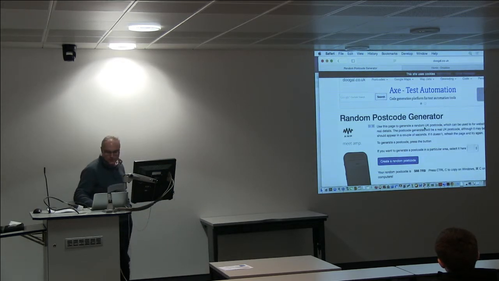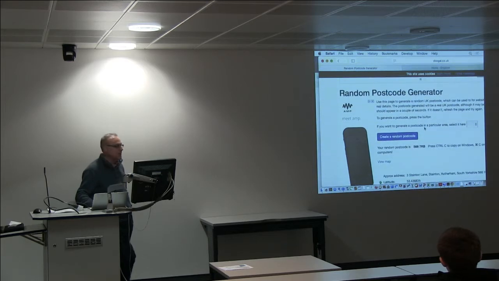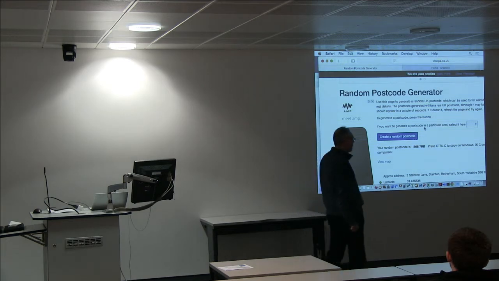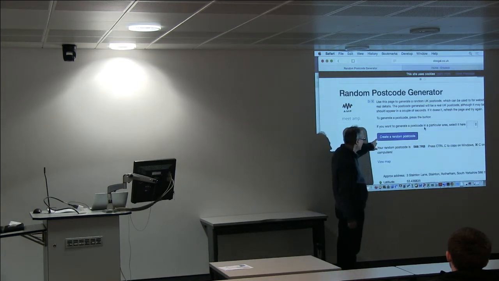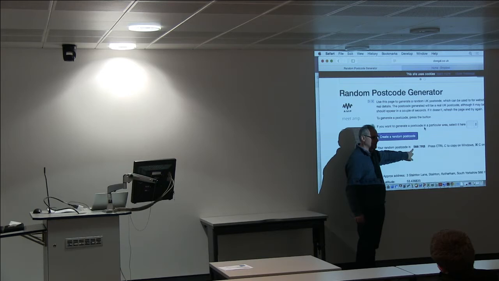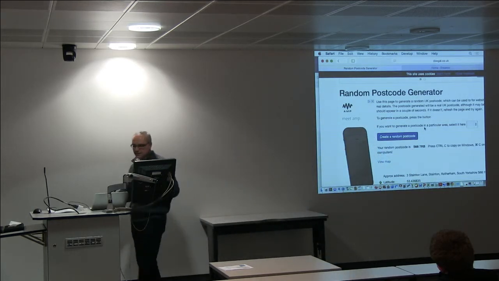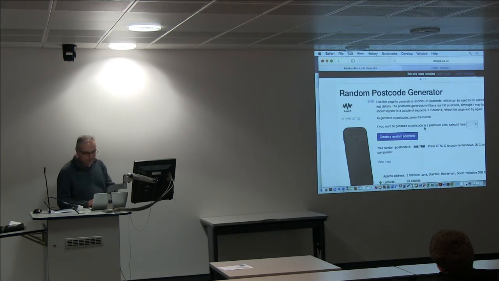So you come here, or you have a web bot, a piece of software that can click this for you, generate the postcode for you, and then you collect that postcode information, and then you feed it inside your pipes.